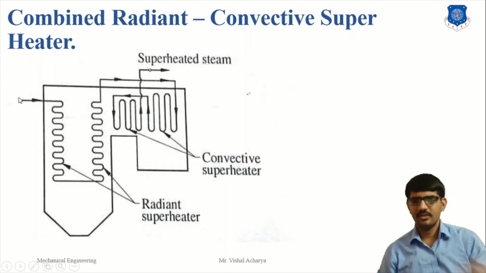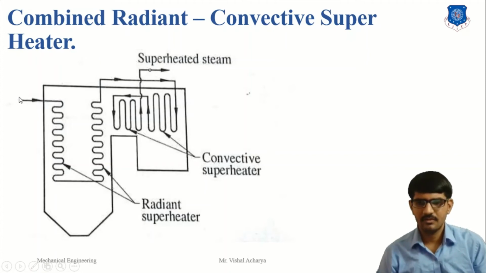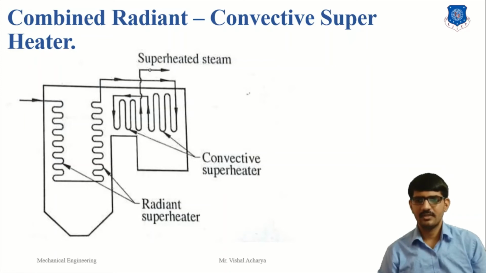When the load is decreased or increased on the boiler, heat transfer in the radiant superheater decreases, but in the convective superheater it increases. So a parallel or series connection helps with the heat control.